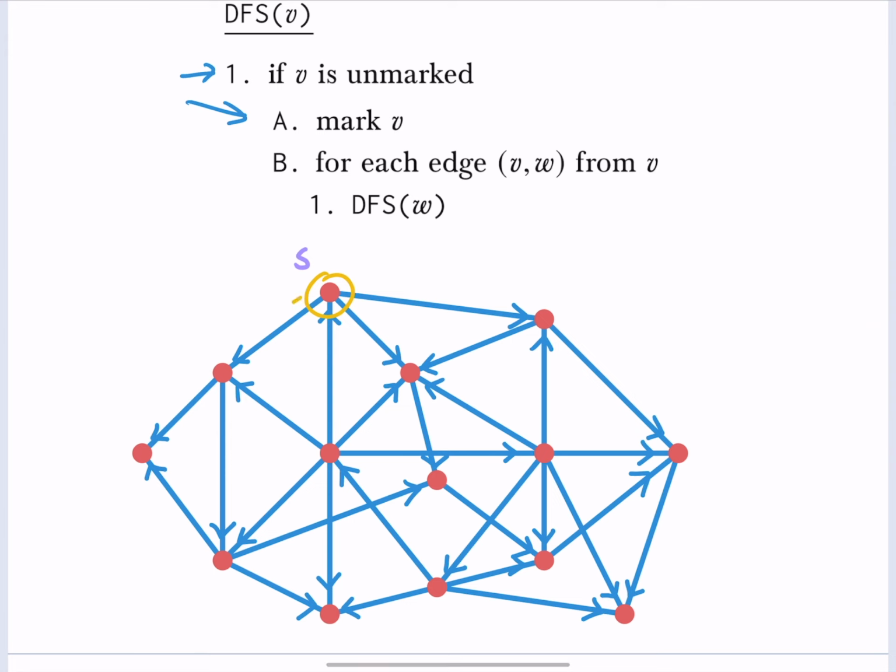All right, so you go here. This is unmarked, so we mark it, and then we keep searching. Where would I go next? Left, okay. I mark it. Now there's actually no outgoing edges left, so this would just return. Now where do I go?